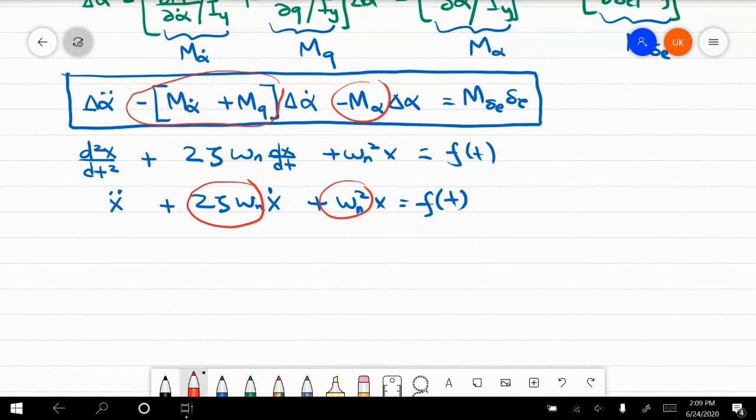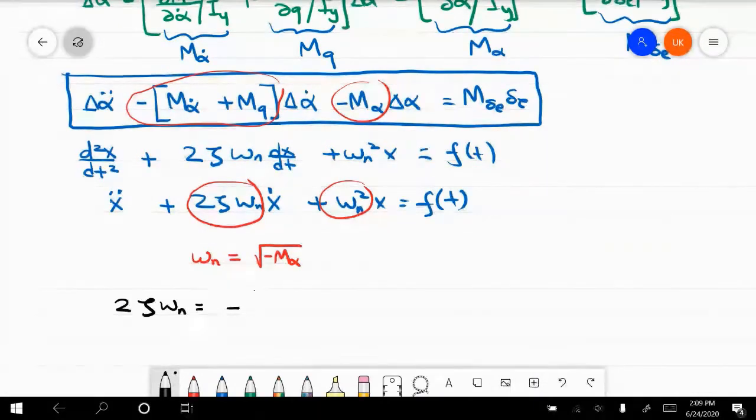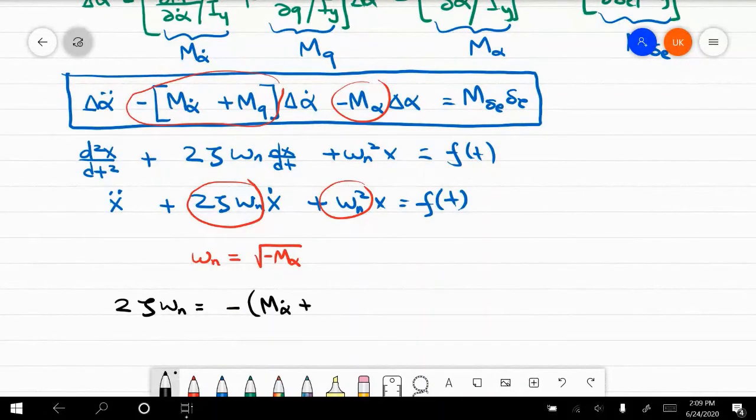So the omega n is equal to the square root of minus M alpha. Okay, and we have 2 zeta omega n equals minus M alpha dot plus Mq, and we know that omega n is equal to the square root of negative M alpha.